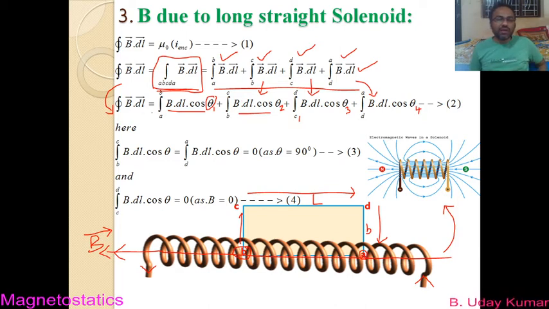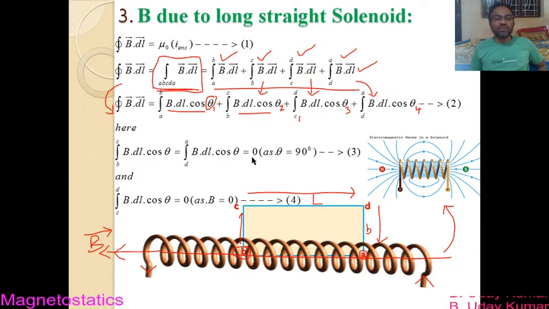If you take them separately, theta 1 becomes the angle between B and dl along AB, theta 2 becomes the angle between B and dl along BC, theta 3 becomes the angle between B and dl along the path CD, and theta 4 is the angle between B and dl along the path D to A.